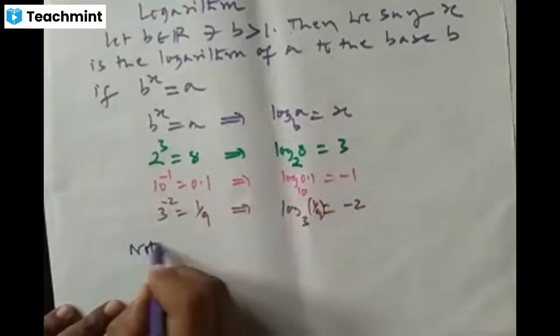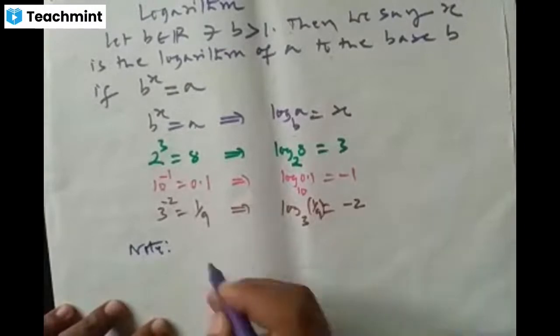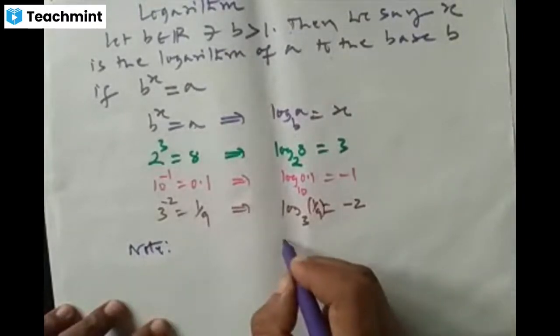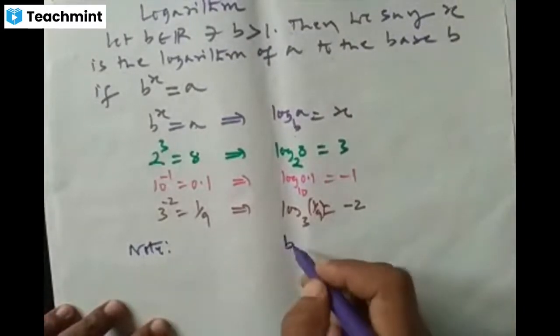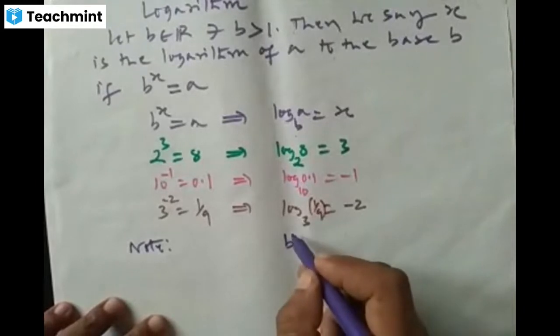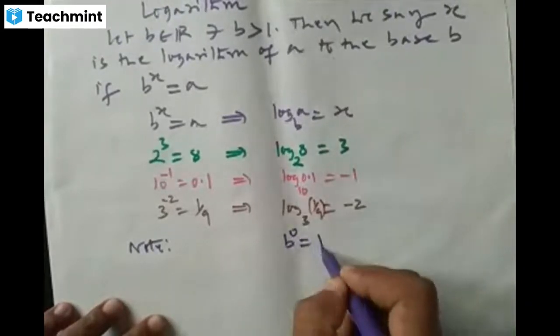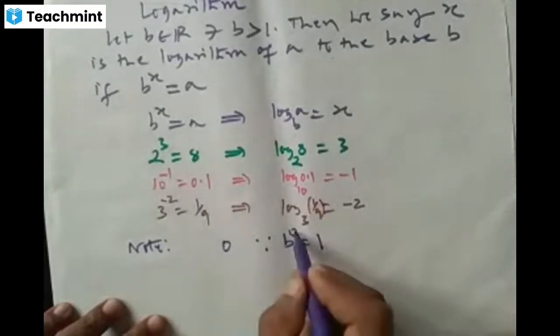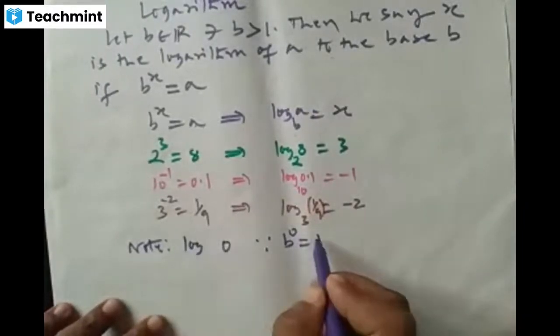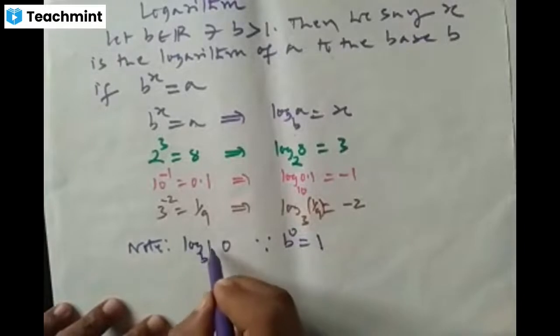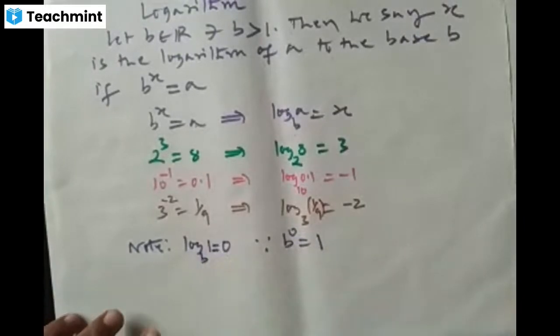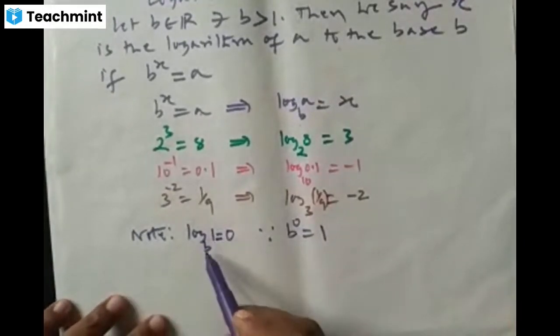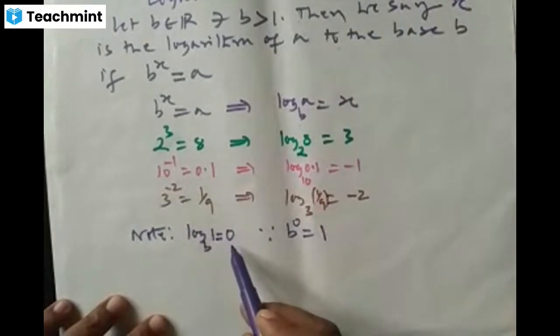Note. If b is any valid base, b power 0 is always equal to 1, correct? So that means 0 is the logarithm of 1 to the base b, or in other words, the logarithm of 1 to any valid base is always equal to 0.